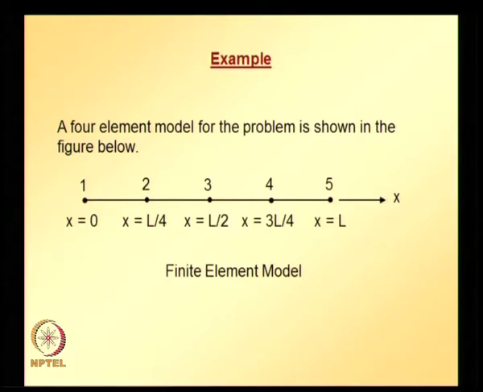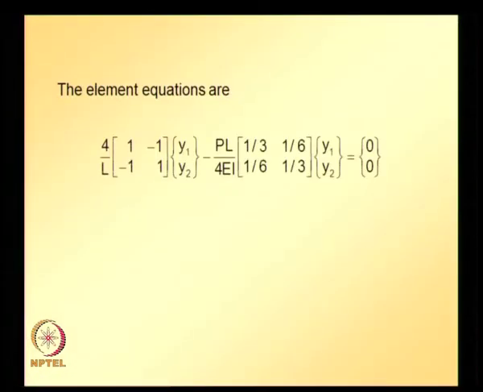We already have the element equations for the column buckling problem for a 2 node linear element. So now we can make substitution of the values into that equation, the element equations that we obtained for the column buckling problem from the general one dimensional boundary value problem.